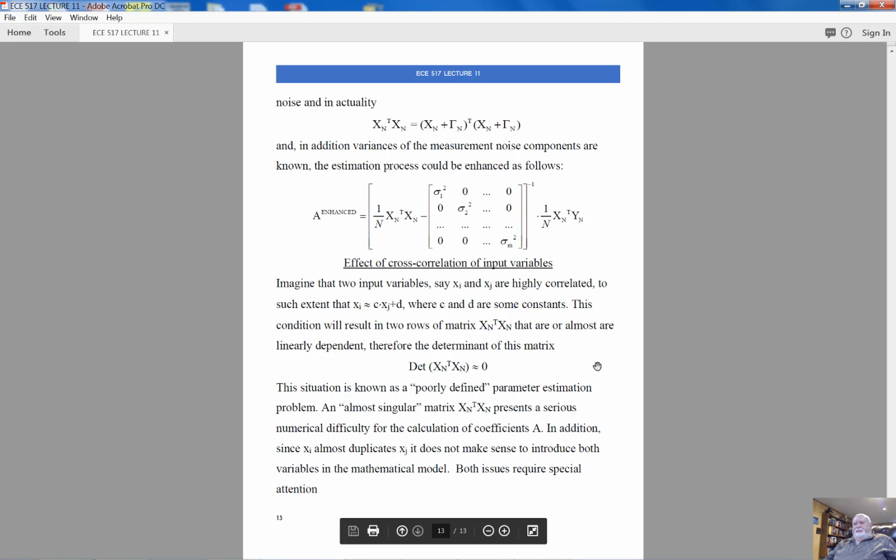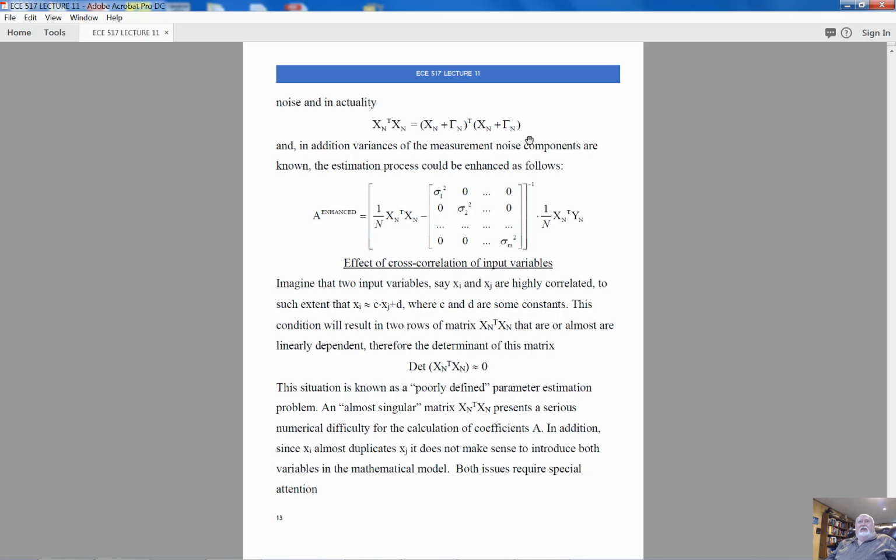Now, let's see what we can do about this. So first of all, let's assume that when we use xn transpose times xn, due to the noise, we are in actuality getting this expression. I would love to record x without noise, but noise is there.